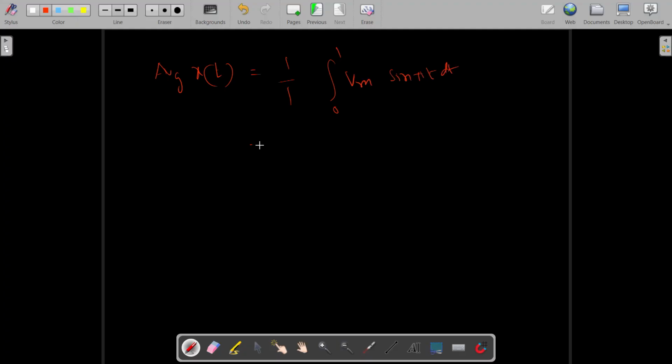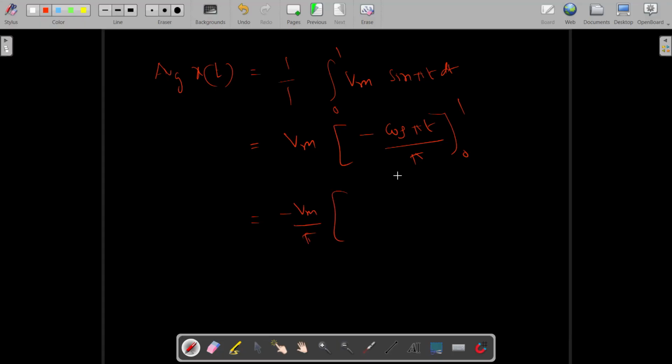Vm is going to be a constant, and the integration of sine gives cos pi t by pi, with limits 0 to 1. So this is minus Vm by pi.